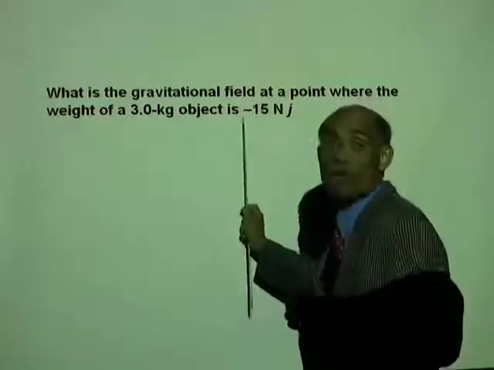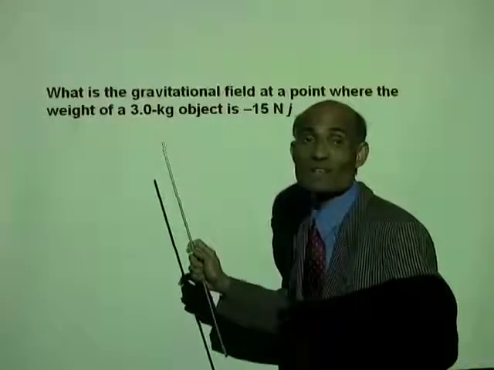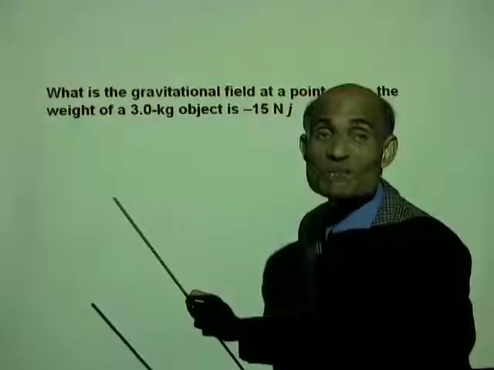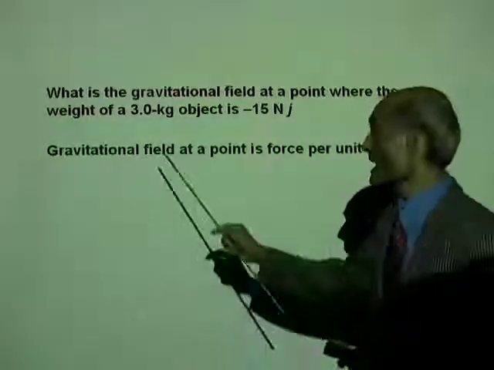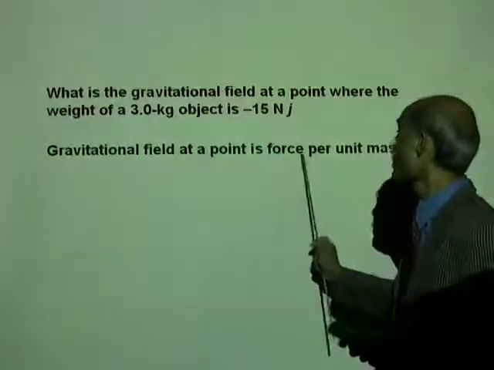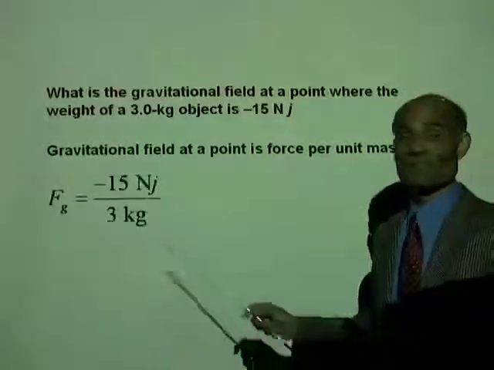If this is the force experienced by the 3 kilogram object, what will be the force experienced by a 1 kilogram object? Gravitational field at a point is force per unit mass.